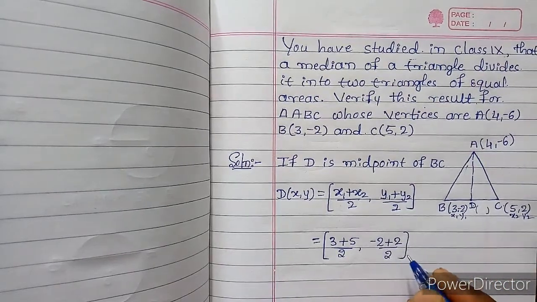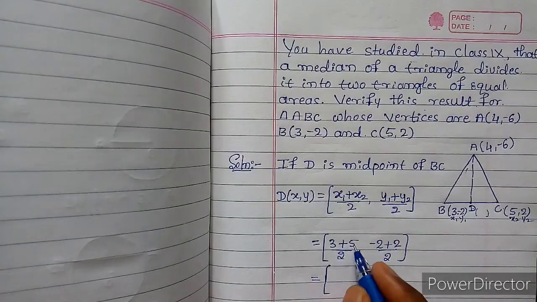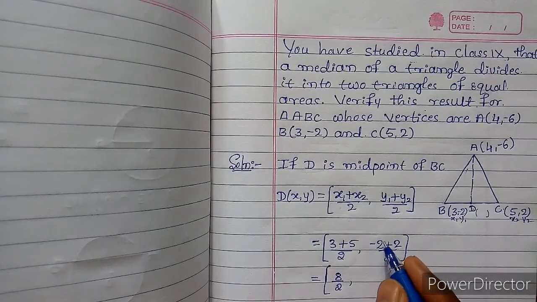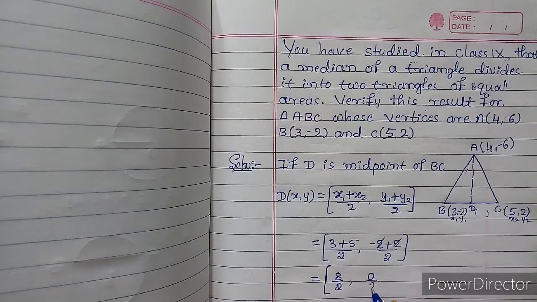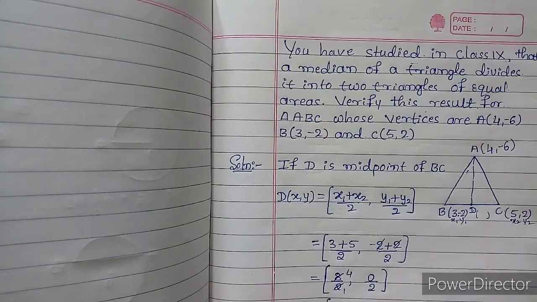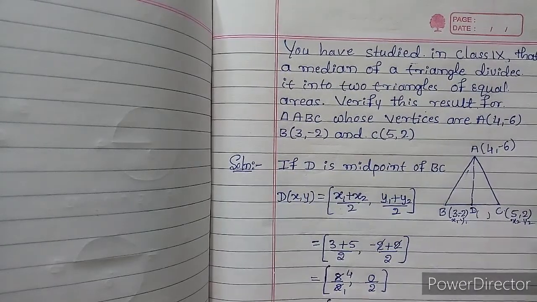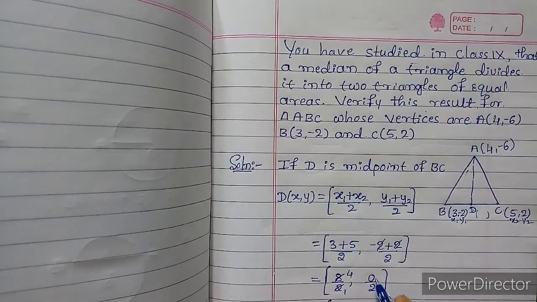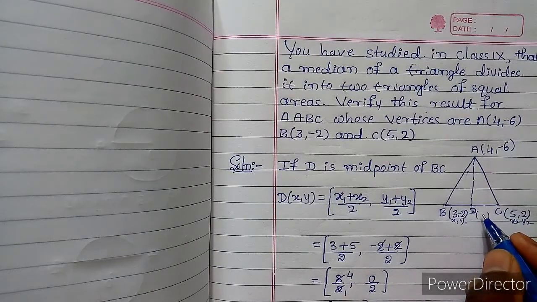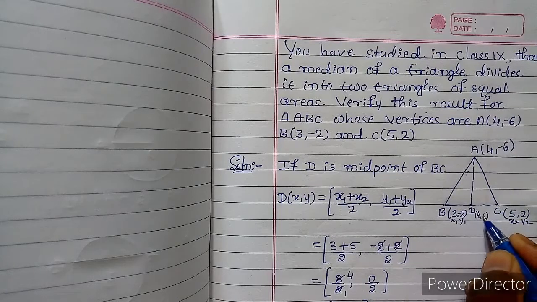Then 3 plus 5 is 8 divided by 2, comma minus 2 plus 2 cancel, remaining 0 divided by 2. 2 fours are 8. So the coordinates of the point D are 4 comma 0. Now we know that the coordinates of the point D are 4 comma 0.